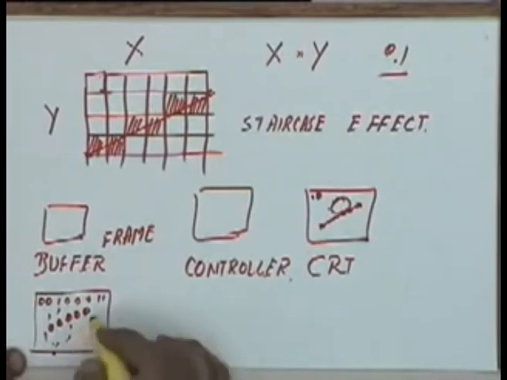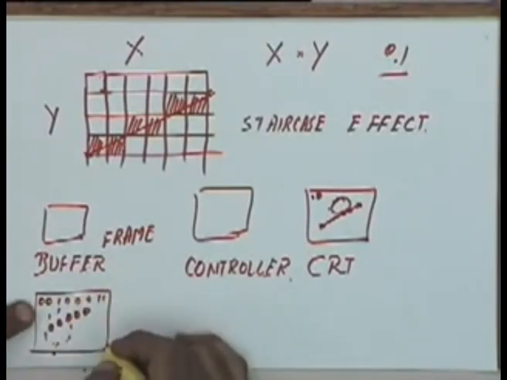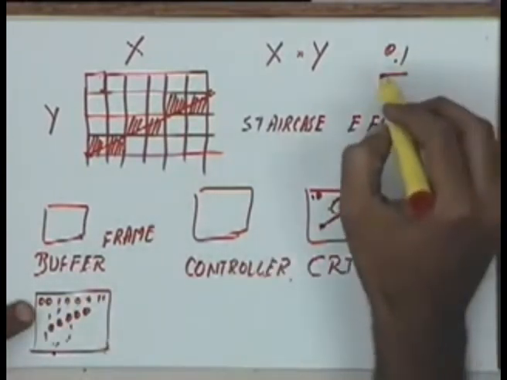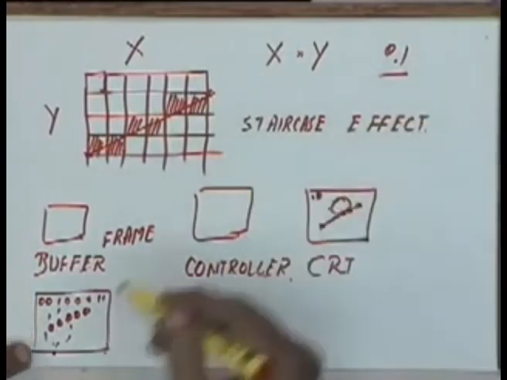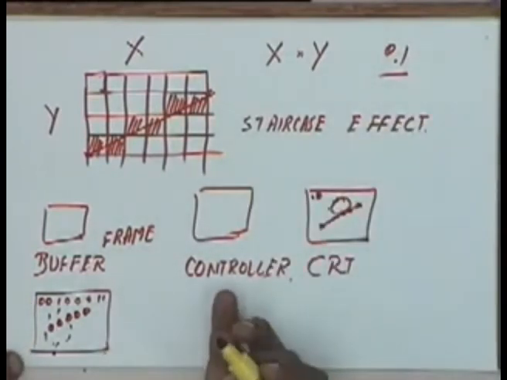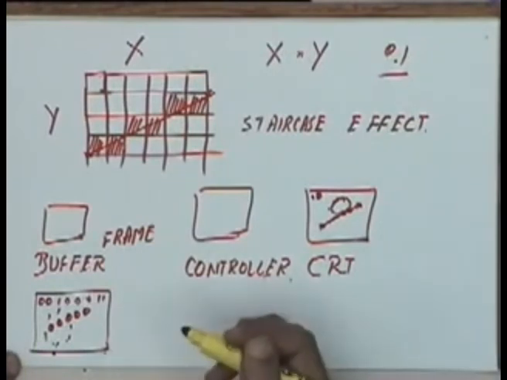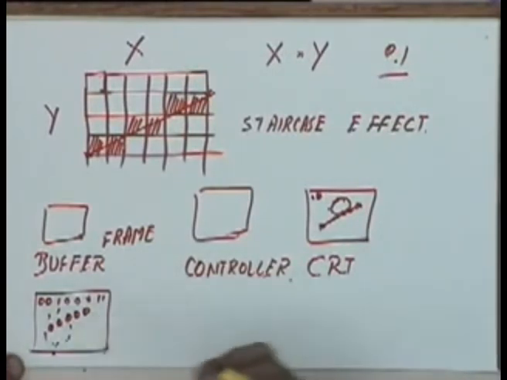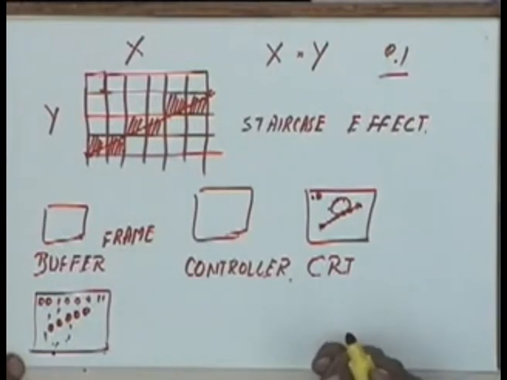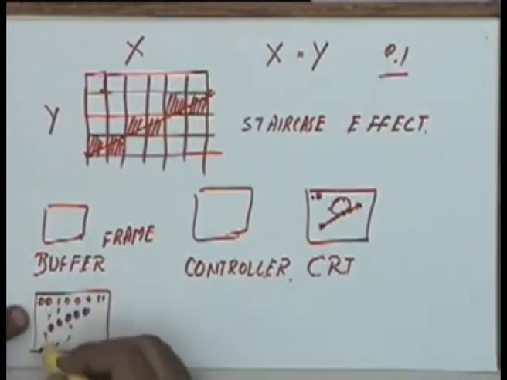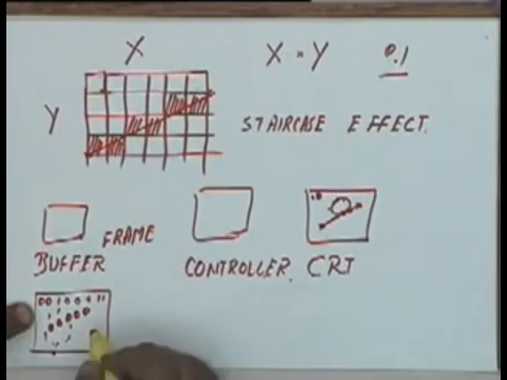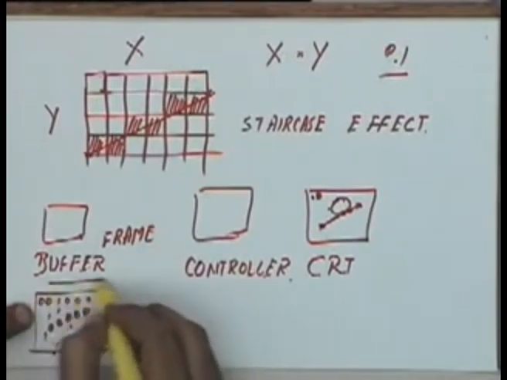We said we have a frame buffer, but this is in the case of a black and white monitor. So each pixel is either on or off, it is either displayed or it is not displayed. But if you have a color monitor, then each pixel can take a set of colors. So what is typically done is that we will have a number of such frame buffers.